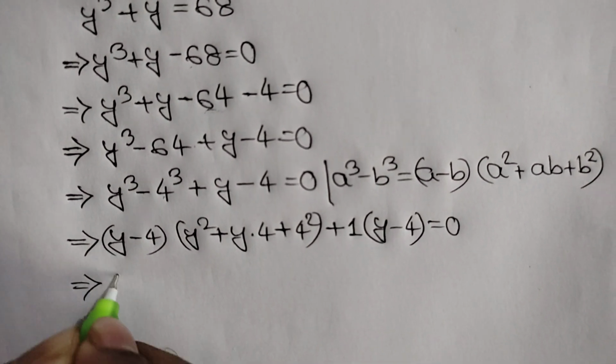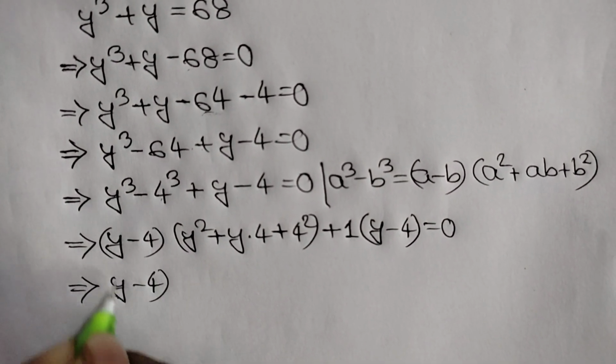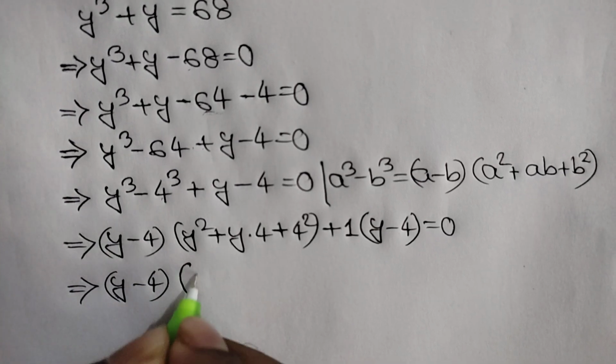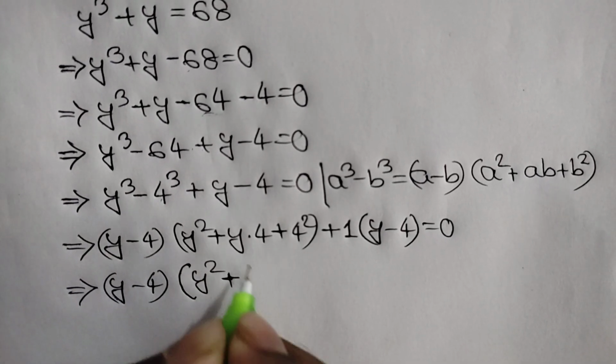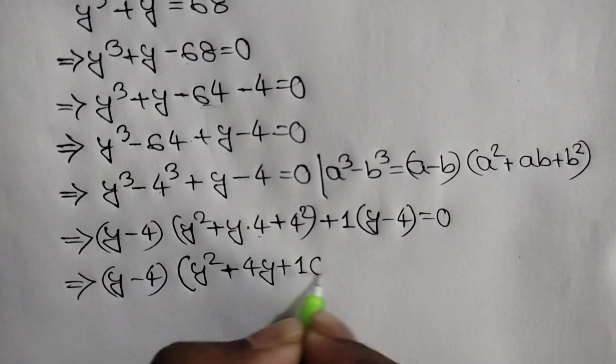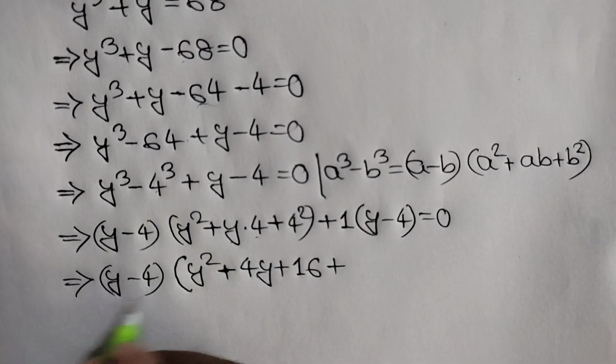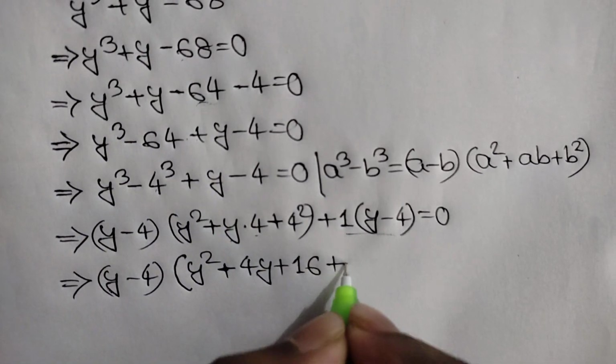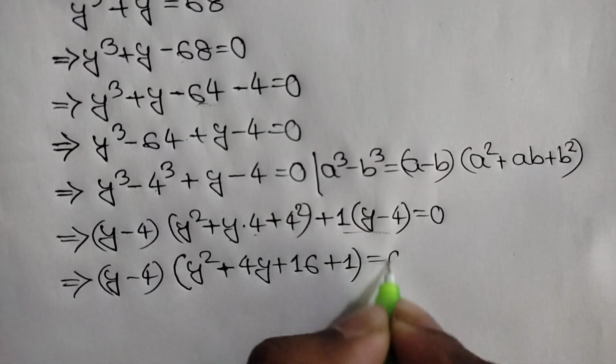Taking common y minus 4, we get y minus 4 times y square plus 4y plus 4 square, that means 16, plus this divided by this, we get 1, is equal to 0.